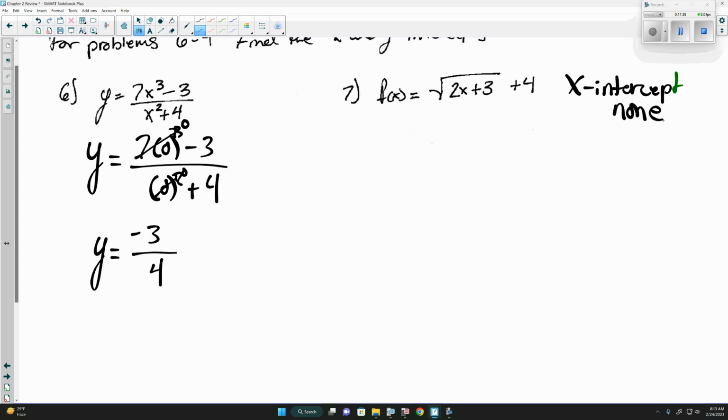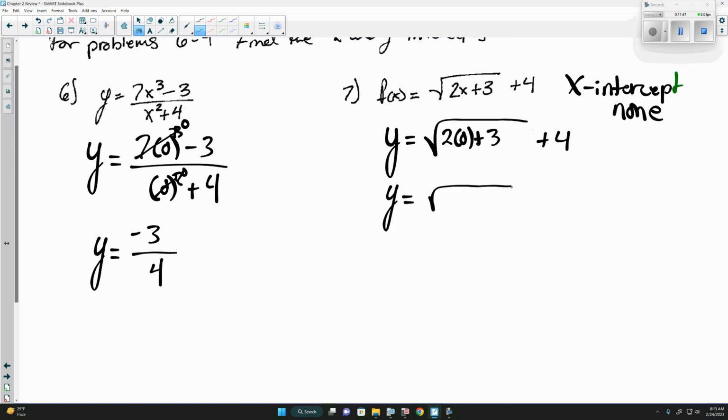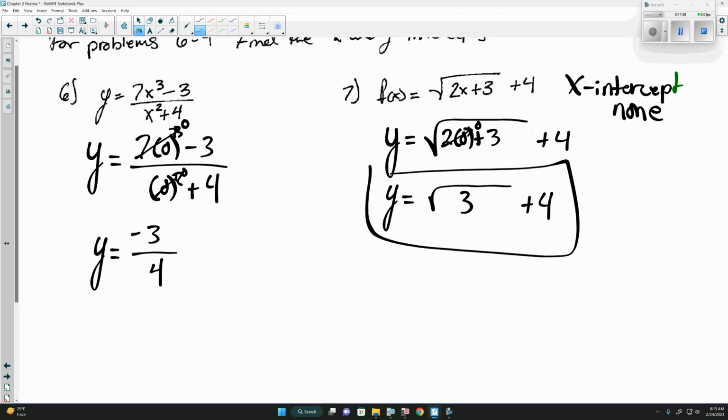Now the y-intercept for this one here is when x is 0. Well, 2 times 0 is... that's technically the y-intercept.